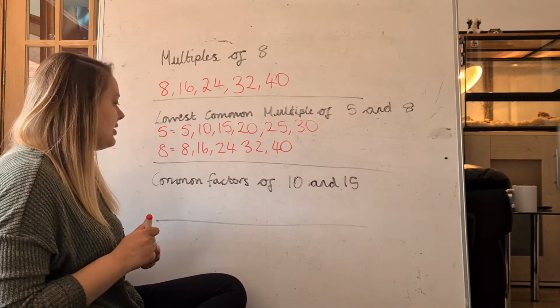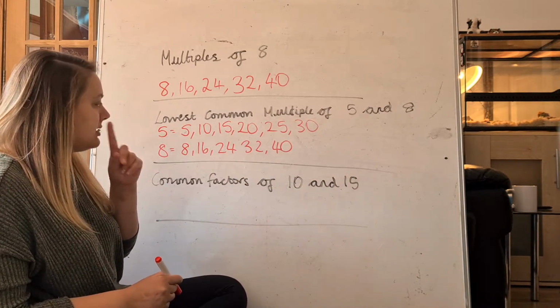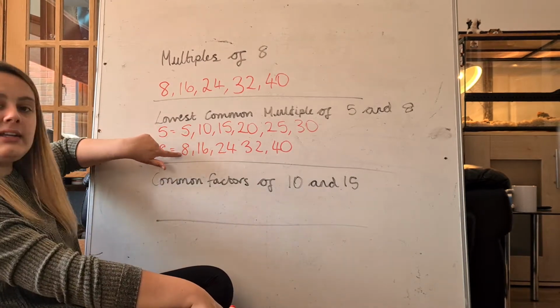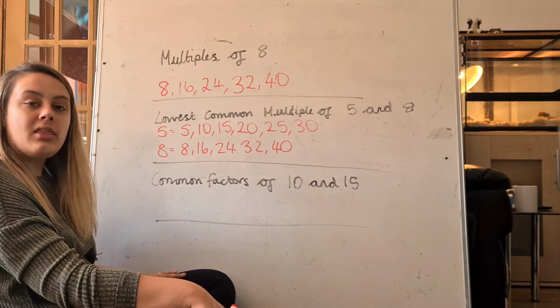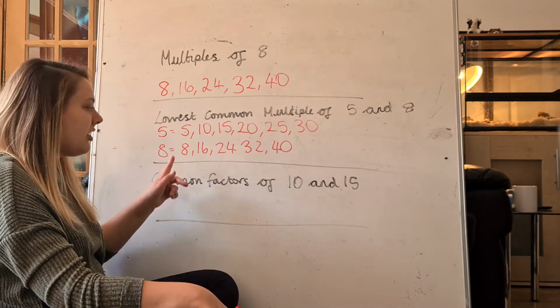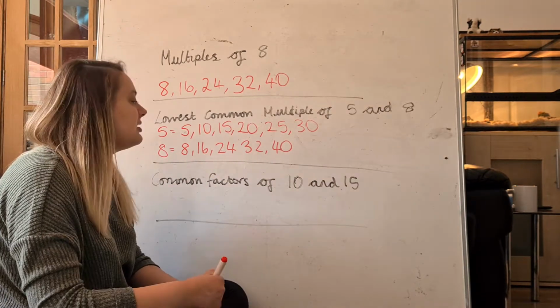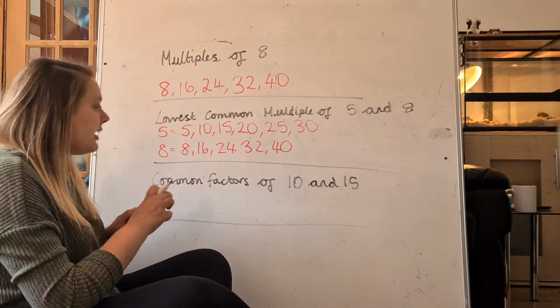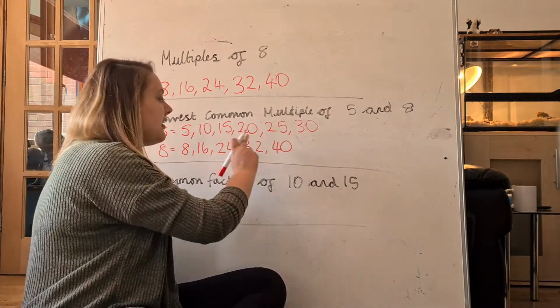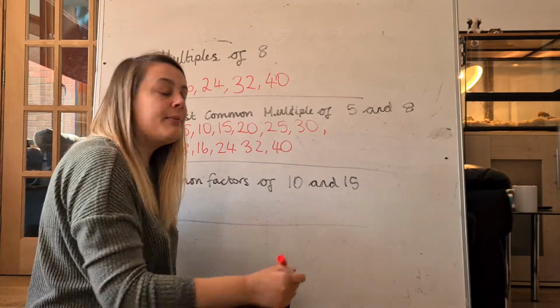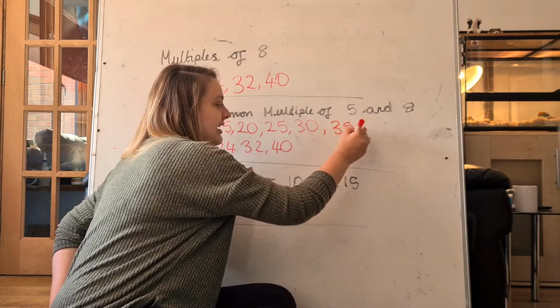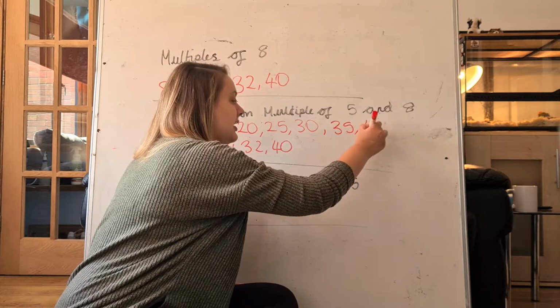So at the moment, can you see any numbers which are common? Any multiples which are common there? No, I can't see any common multiples at the moment, so we might have to keep going. So let's do a few more of 5 then. 30, what comes after 30 in the 5 times table? 35, brilliant, and 40, brilliant.